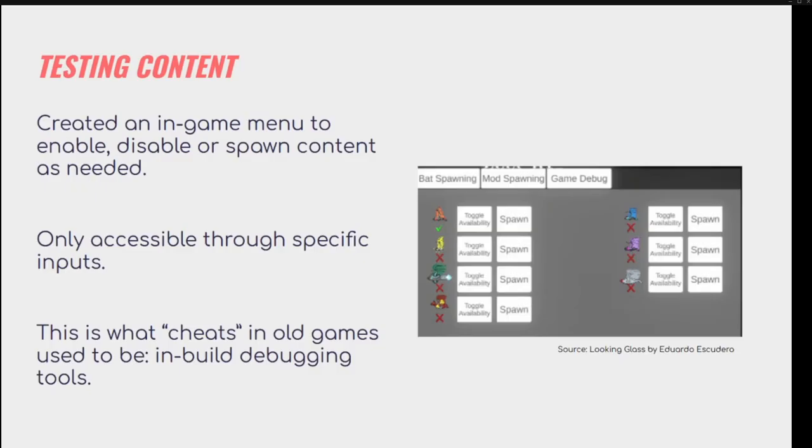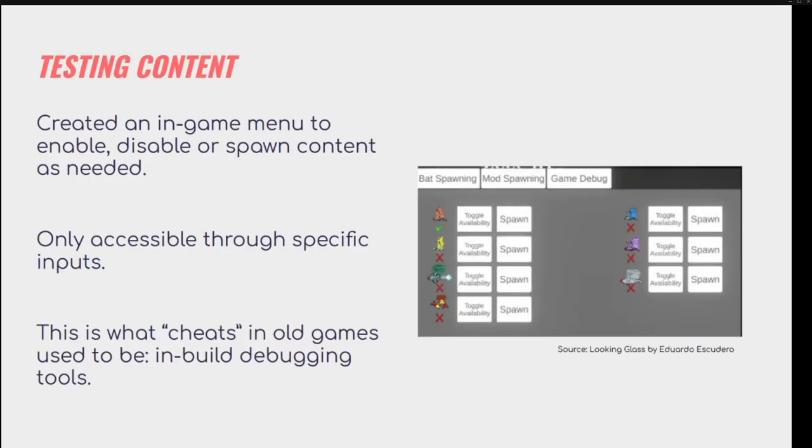And if you'd like to know, in old games, and by old I mean when I was a kid, cheats, the way you press enter and press a code that would make certain stuff happen in the game, those were debugging tools. Those were in-game debugging tools.